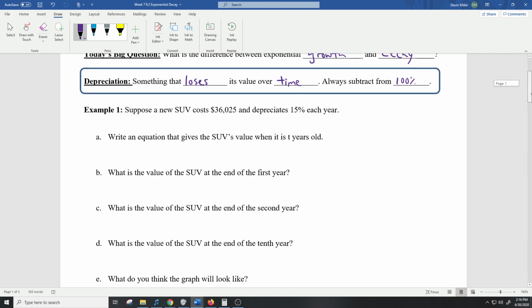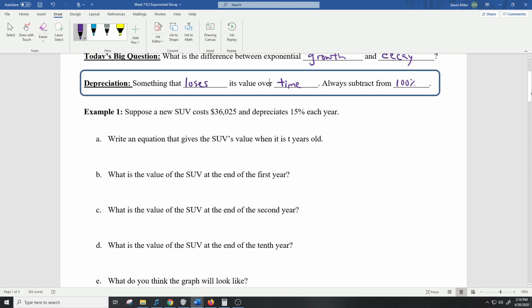Example 1. Suppose a new SUV costs $36,025 and it depreciates 15% each year. We're going to write an equation that gives the SUV's value when it is t years old. So we're going to use t as our variable, and we're going to say it's f of t.